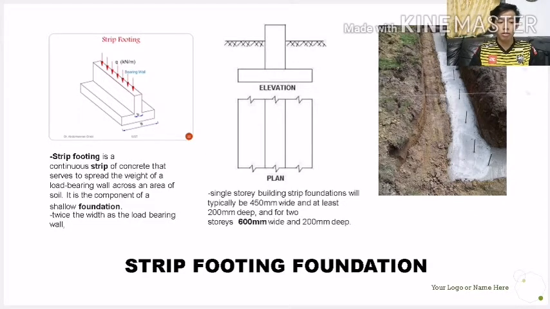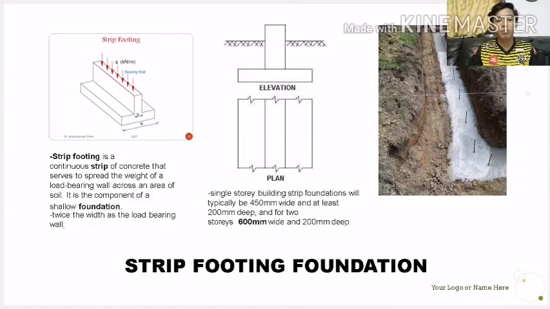It is twice as wide as the load-bearing wall, and for a single-story building it is typically 450 millimeter wide and at least 200 millimeter deep. For my building, which is two-story, it is 600 millimeter wide and 200 millimeter deep.